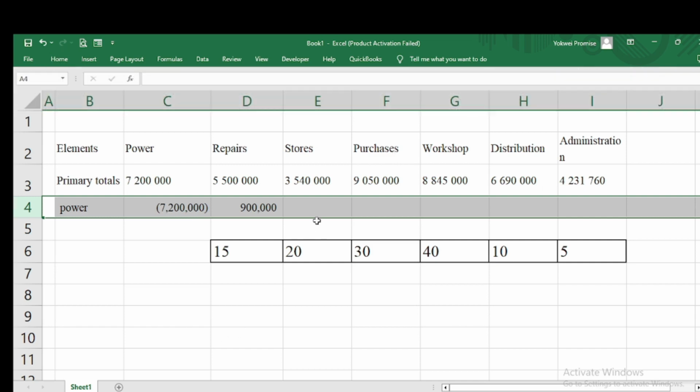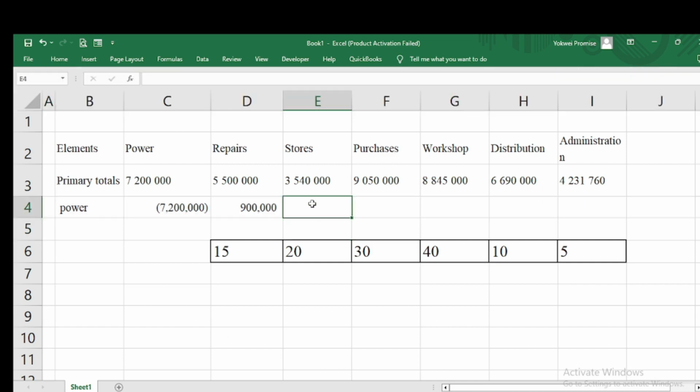Also, we are going to have 900,000. 20% of that, we have 1,200,000. Next, 1,800,000.